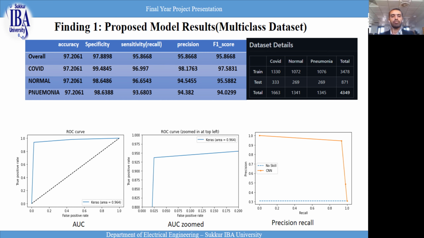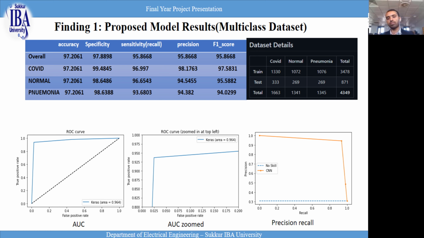And then after that, we trained the same model on the multi-class data set, which contains 4,349 images, and it contains COVID, normal, and pneumonia. The average accuracy it gives is 97.2, and each class accuracy is reported here, and the average specificity is 97.88, and F1 score 95.86.